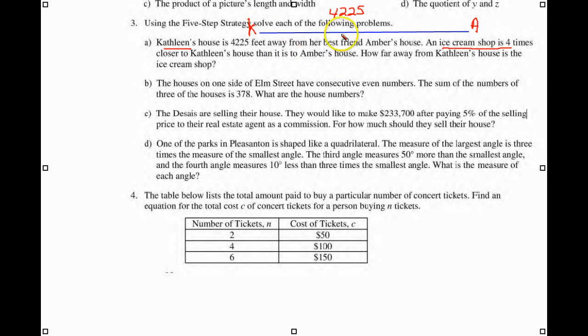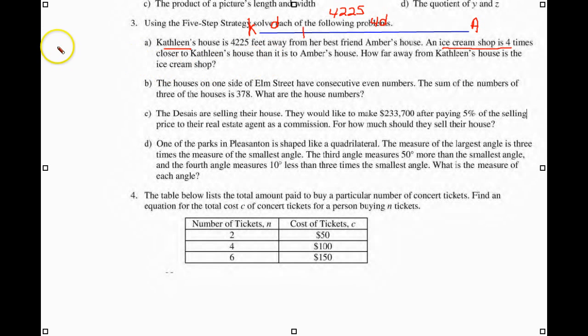So we're going to take this distance, and this is going to be 4 times the distance here, and this is going to be 1 times the distance. So this is 4 distances, or 4 times the distance that this ice cream parlor is from Kathleen's house. So how far away from Kathleen's house is the ice cream shop?